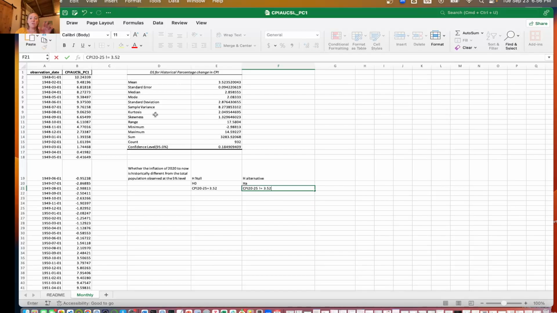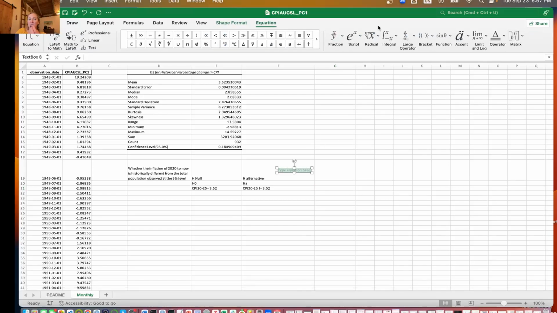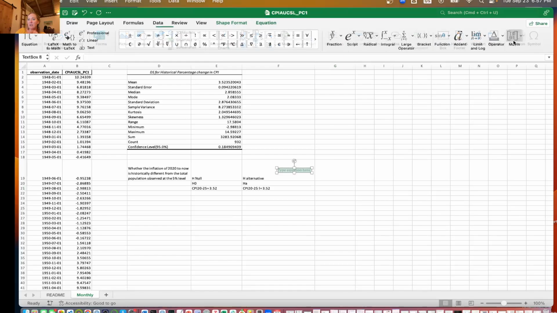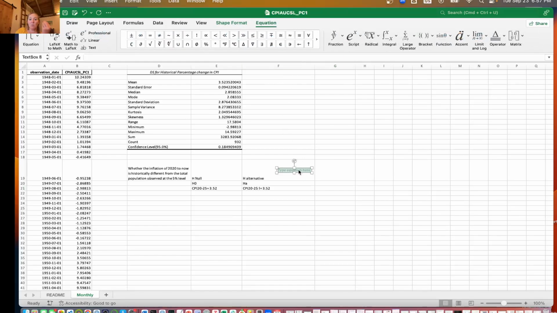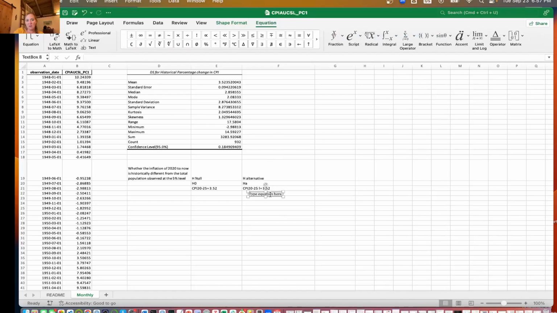But there are also other really cool ways that I haven't gotten to show you yet, like inserting an equation. If you go to insert over here on the right side, equation, you can write out a statistical equation in mathematical form. Let's say CPI.